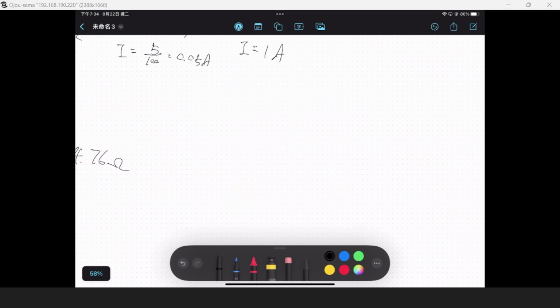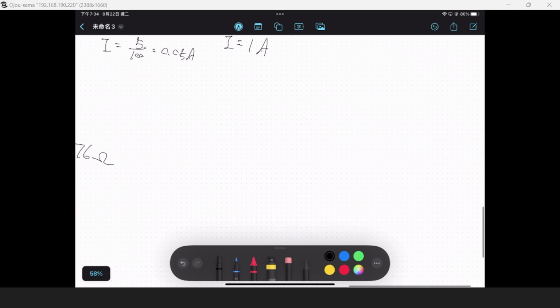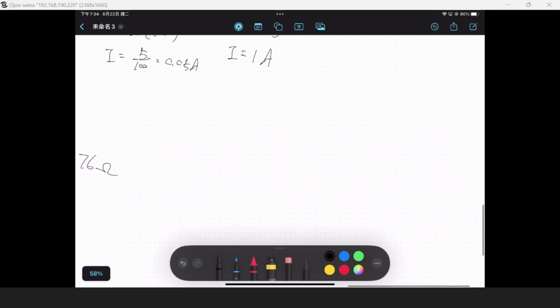Let me see. Okay, we do the log again. We try to do the inverse log.